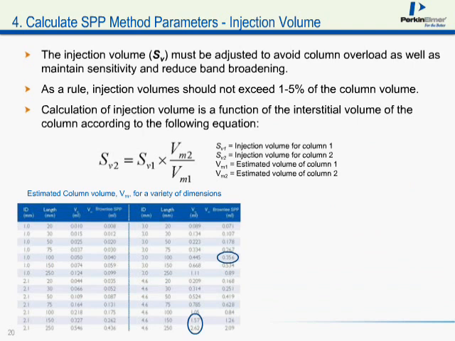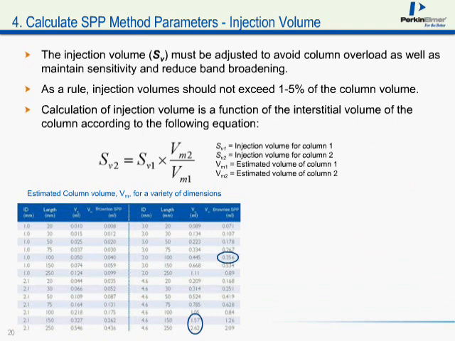In the white paper, we have a table which gives you estimated volumes, column volumes for different size columns, both standard, fully porous, and SPP type columns. If you notice here, for the 220 column, we don't have a 220 column, but we have a 150 and a 250.